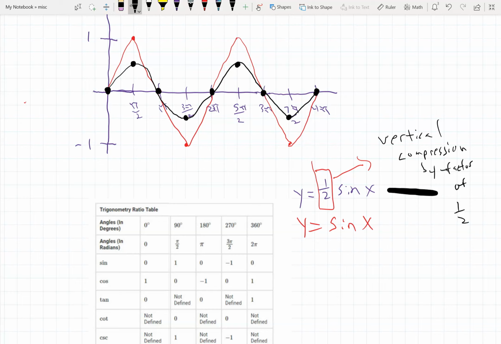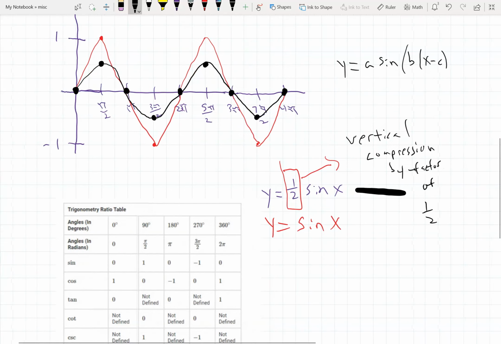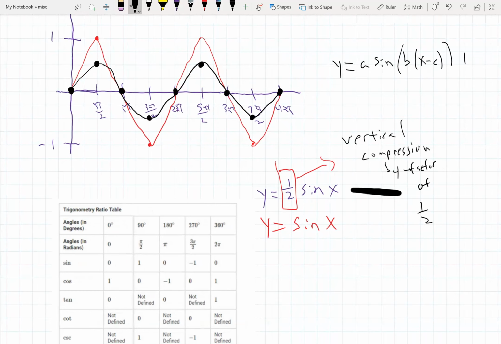In our form, y equals a times sine of b parentheses x minus c, plus d. This is the way the book shows this form. In this form, a is 1/2. b, the multiplier in here, is 1.